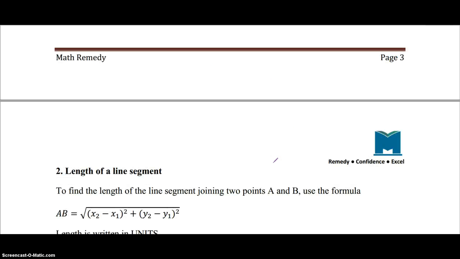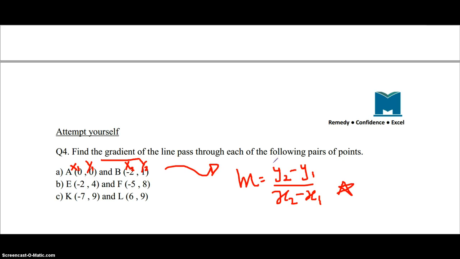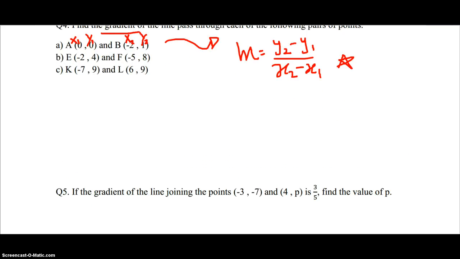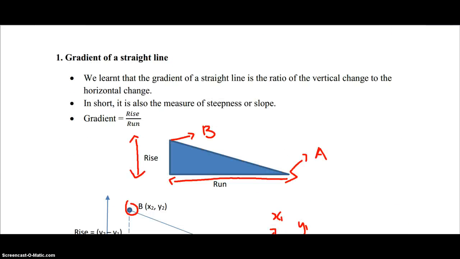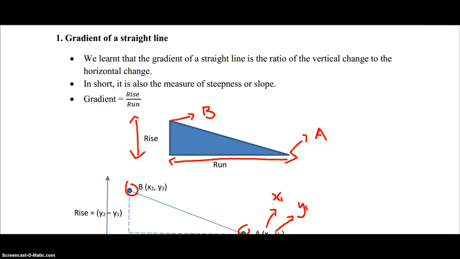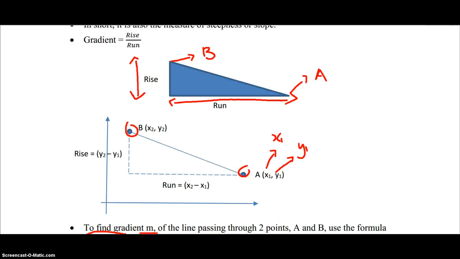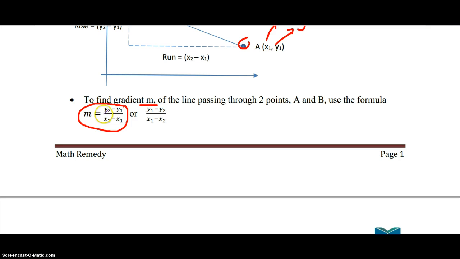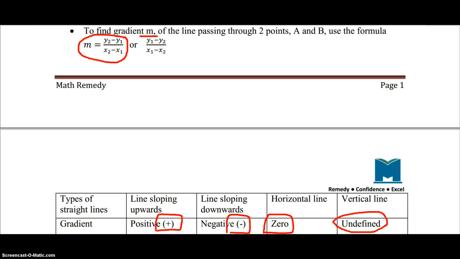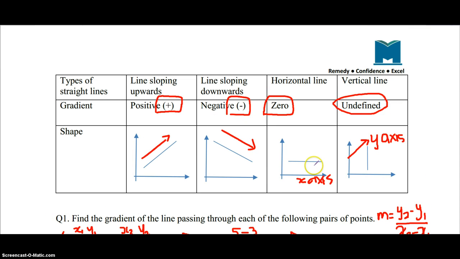For the first part, I will just end the video here. What you have learned is how to find the gradient of a straight line, which is determined by the formula y2 minus y1 over x2 minus x1. If it's a horizontal line, the gradient will be 0.